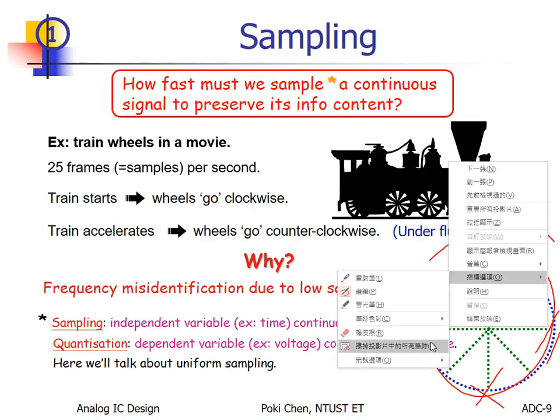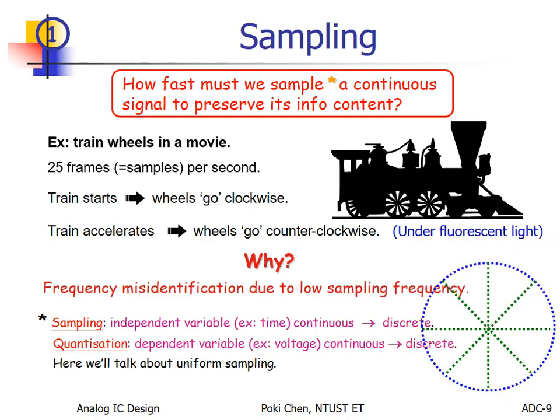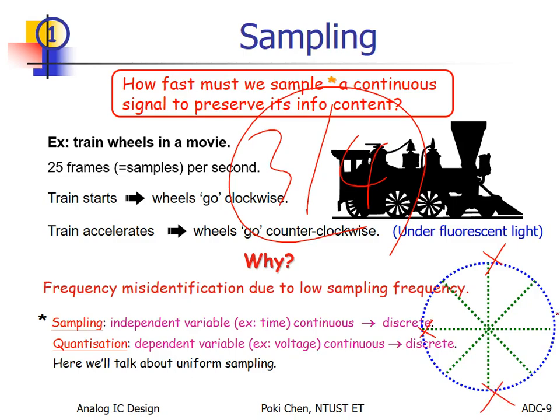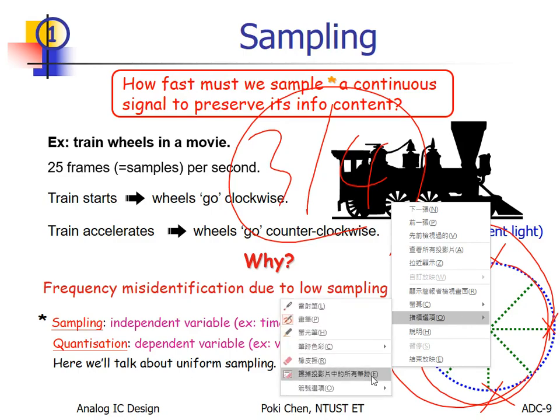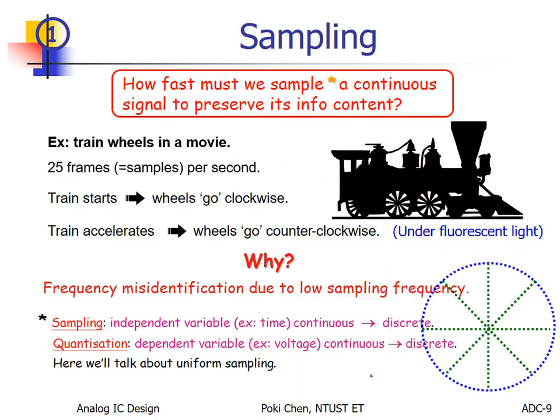Again, for each sample, it rotates 3/4. So here, 3/4, 3/4, 3/4, 3/4. According to the interpretation of your brain, you will think it rotates in this way.